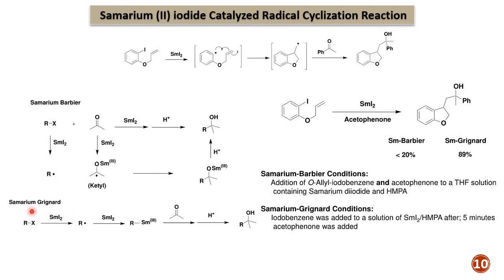And in the case of the samarium Grignard, this is directly added to the carbonyl, and we will get the final product after protonation. In this case, the final product, which is the major product, follows the samarium Grignard pathway with 89% yield.